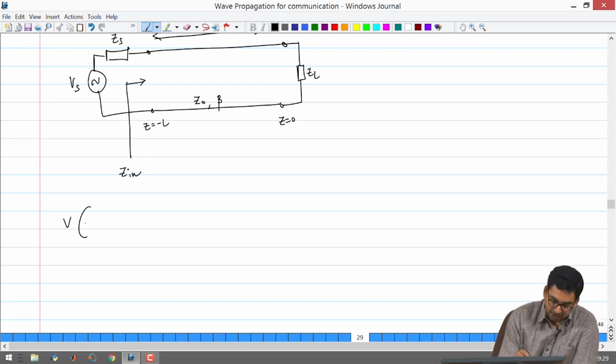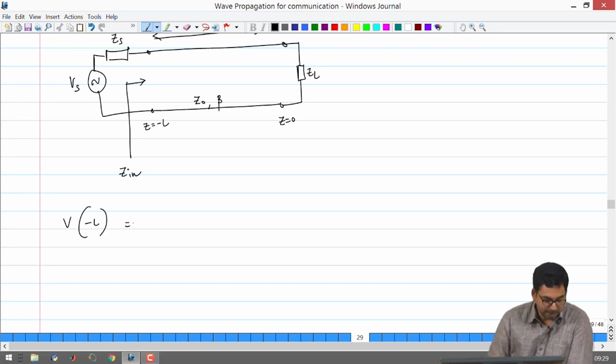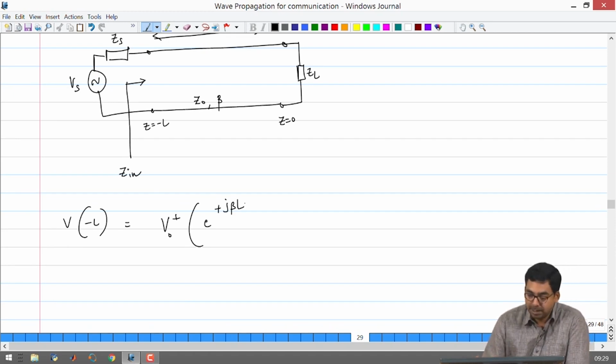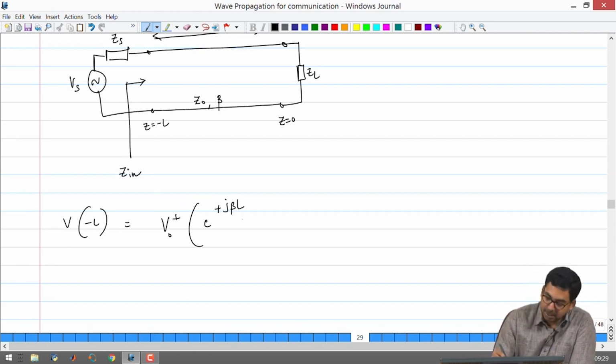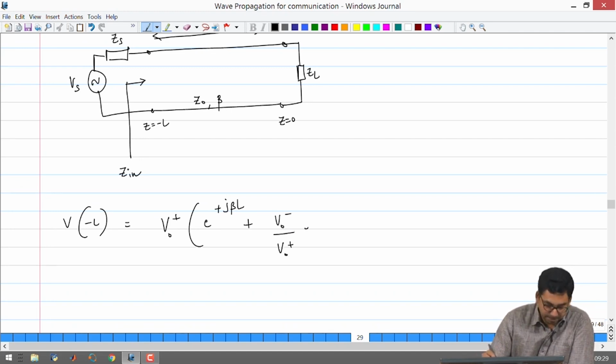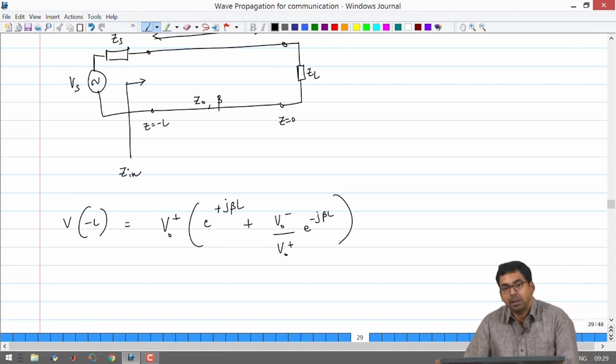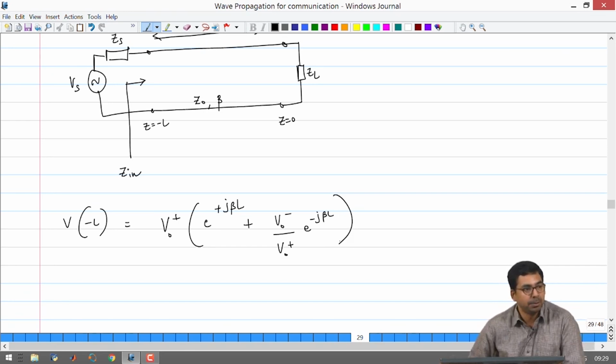So, I have V naught plus e to the plus j beta L, from minus j beta times minus L, plus V naught minus e to the minus j beta L. I have just taken the general solution for the voltage with respect to space and substituted z equal to minus L, since I am looking at the input end.